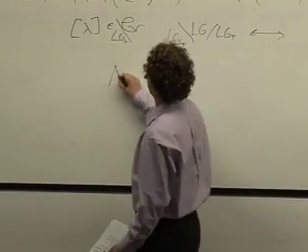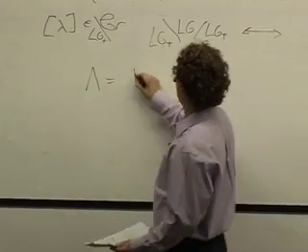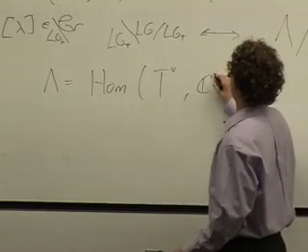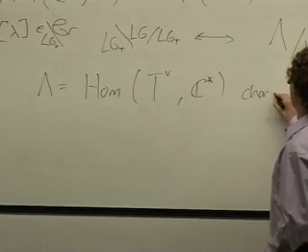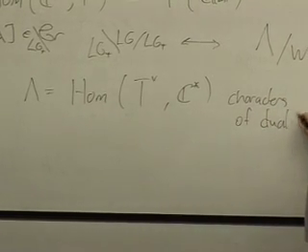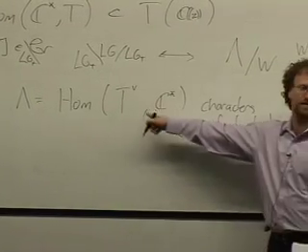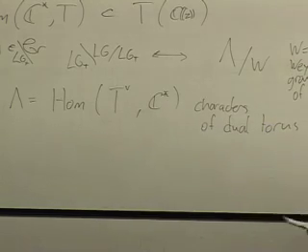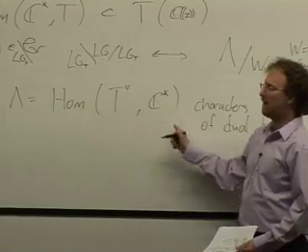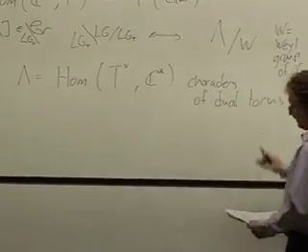I'm going to think of these co-characters as characters of the dual torus. We take the torus T and we define the dual torus, which is essentially defined so that this is true. So we take a torus whose characters, the homomorphisms to C star, are exactly given by the co-characters of my original torus. So this defines a new torus.